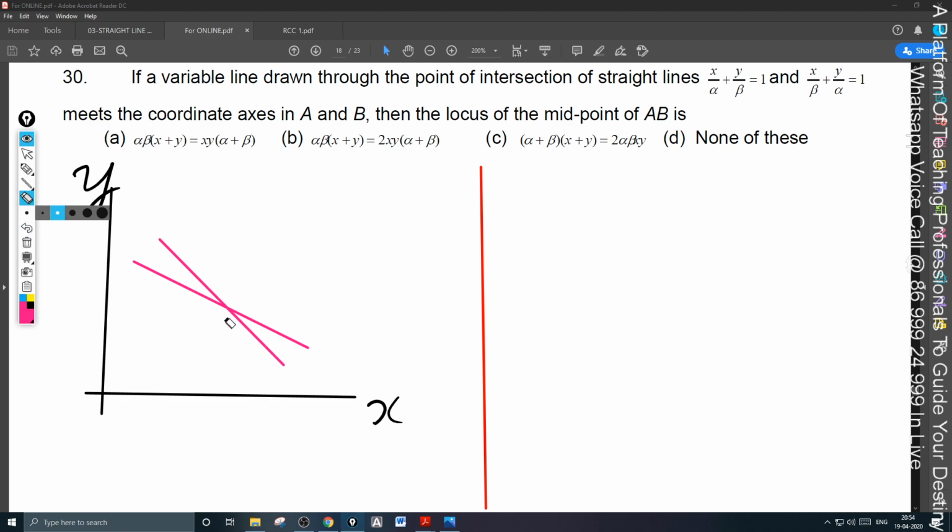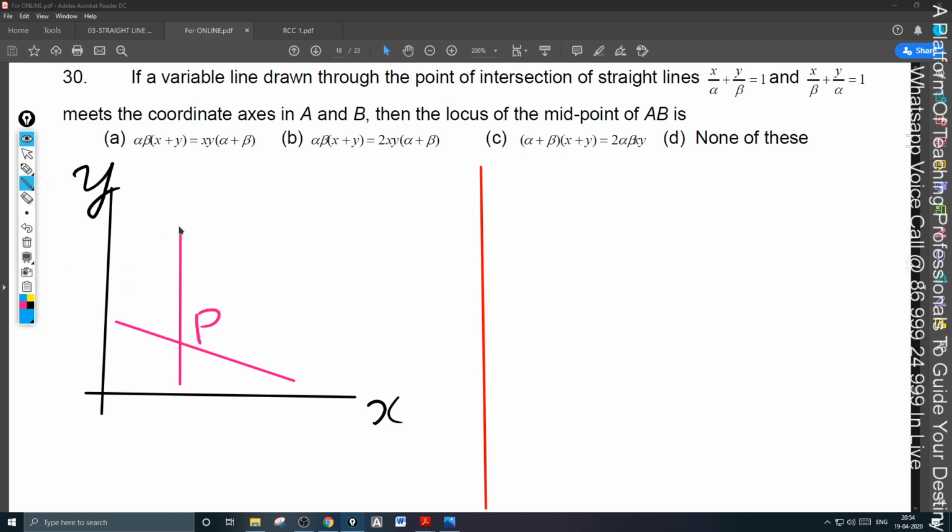Let me change a little. This is one line. This is another line. For the construction's sake, I have changed it. And it is the point of intersection of these two lines P, through which our variable line is passing through.